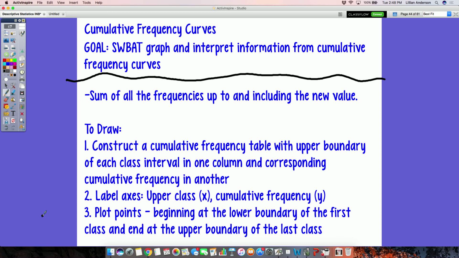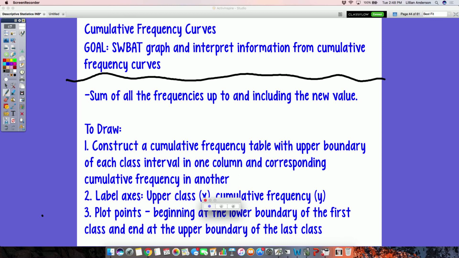Because you'll have the table already there, it's almost like, here's the X, here's the Y plotted. But what you need to know is that the beginning of the curve is at the lower boundary of the first class, and the end is at the upper boundary of the last class, okay?